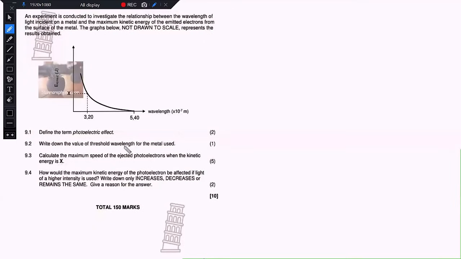Again, it does not affect the frequency of the photoelectrons that are being ejected. The only thing that it can affect is the rate at which the photoelectrons are being produced, and therefore the rate at which the current will flow. So that's the only thing that it can affect. So here we are supposed to say it remains the same.